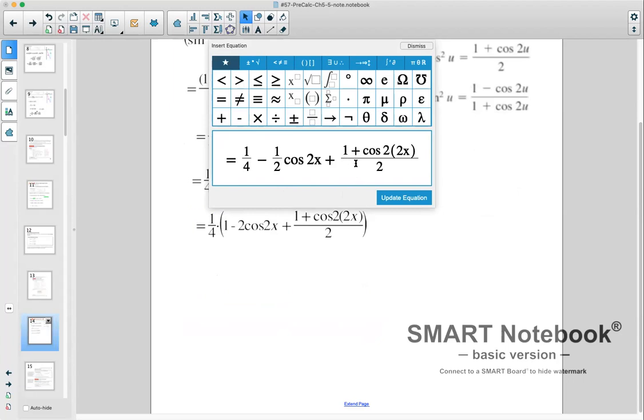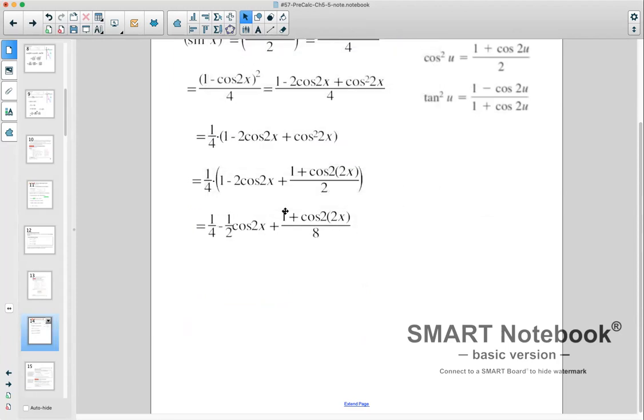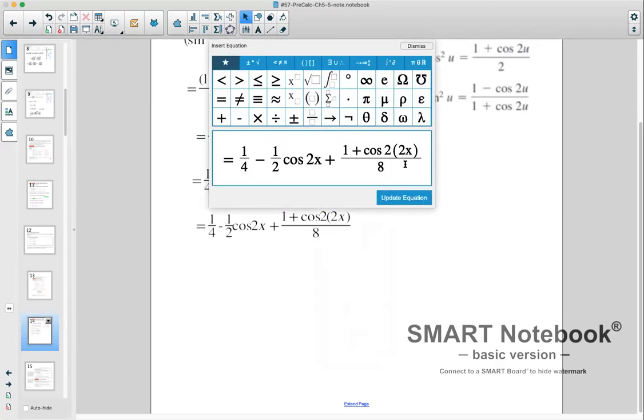This is going to be what? 8 here, isn't it? Right, because we multiply here to here. Okay, let's separate this. So 1 over 8 plus 1/8 cosine 2x plus 1/8 cosine 4x.